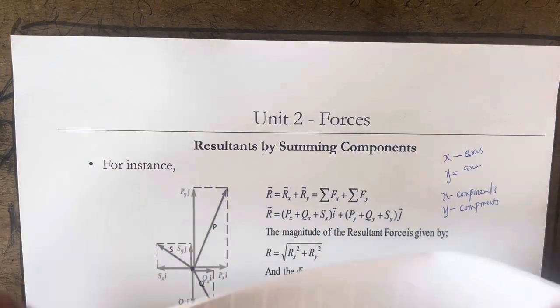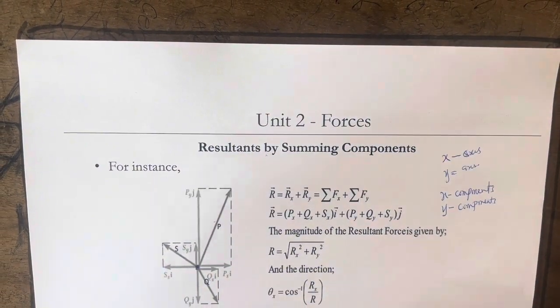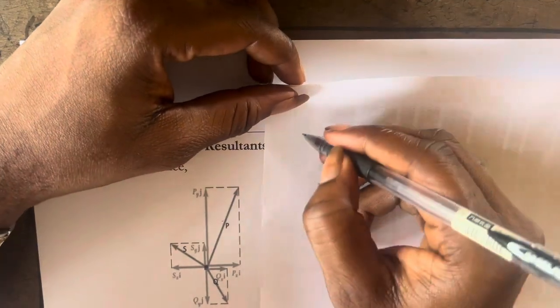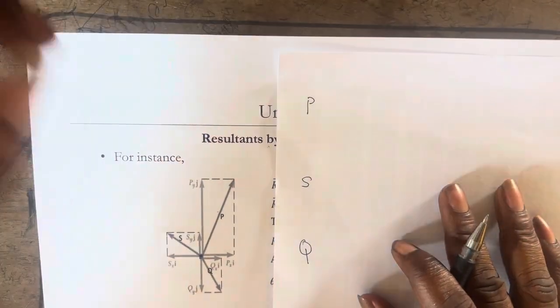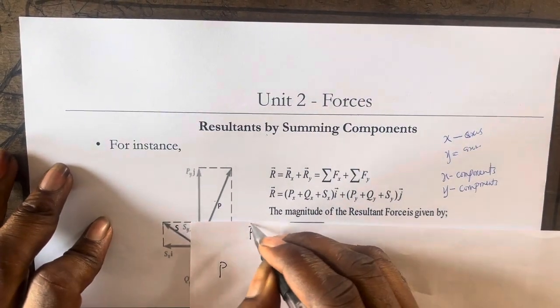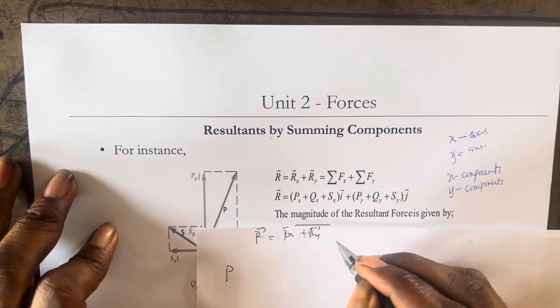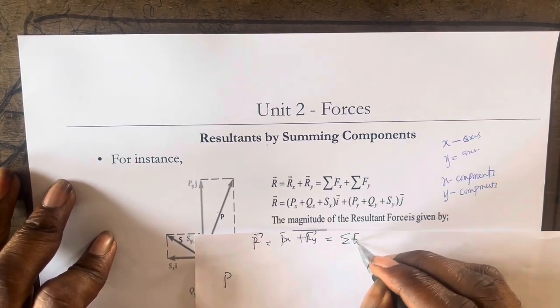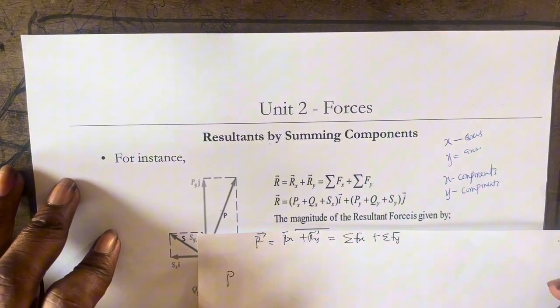So very simple here. This is what we'll be having. We have three forces, which are P, X, and Q. And they are only in two planes right now, X and Y. So for these three forces, we say the R should be equal to Rx plus Ry, which is the same as the summation of all the forces in the X direction plus the summation of all the forces in the Y direction.